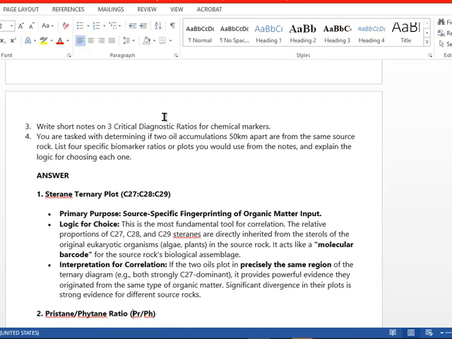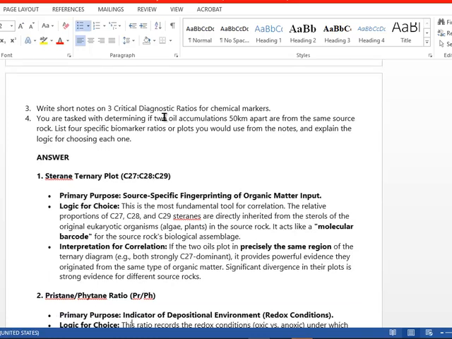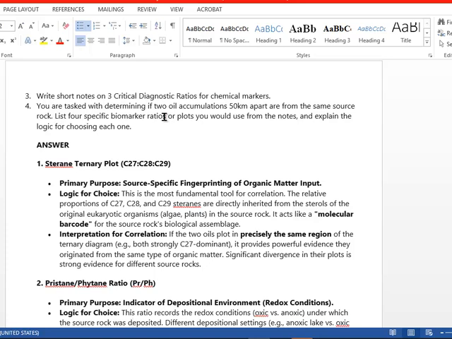For instance, if you have lots of C29 steranes, then you know that the crude oil is from a terrestrial source, that's land. But if you have lots of C27 or C28 steranes, then you can conclude that that particular crude oil is from marine.